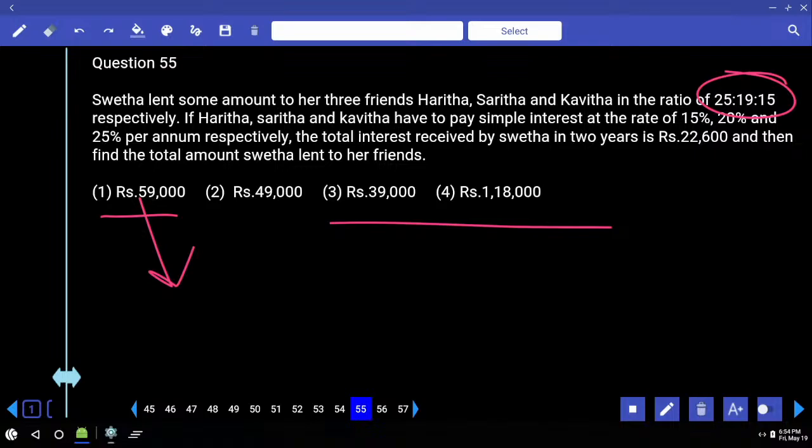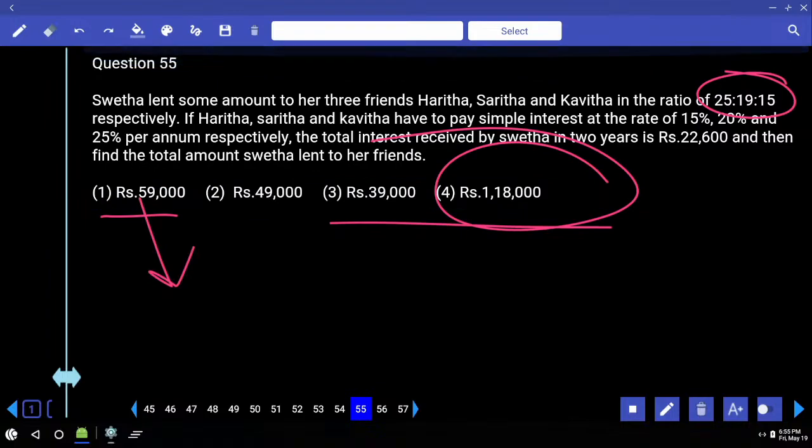For example, if we consider that the rate of interest is 25% for all the persons, then what will be the amount she earns from 59,000? 25% of 59,000 will be approximately 15,000, isn't it? But it is more than 15,000. Obviously, our answer should be 1,18,000. Understood or not? If we give maximum percentage to all the persons, we are getting only 15,000, but it is 22,000. Definitely, it is not equal to 59,000.